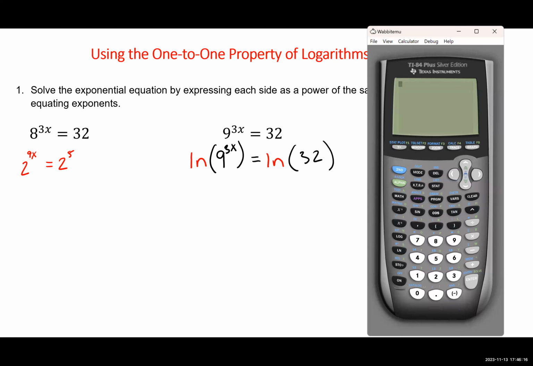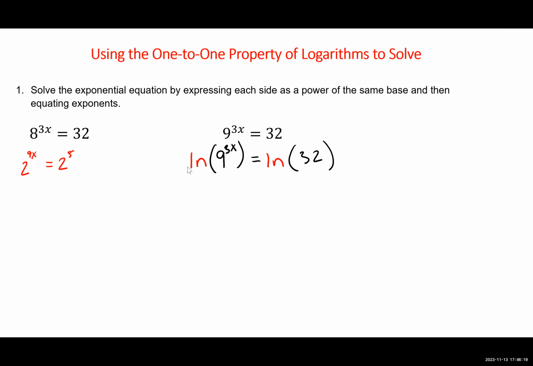So my general rule of thumb is I always use the natural log if I'm going to apply the log of both sides of an equation, unless the equation has a power of 10 in it. Then I'll use the common log. Okay, why am I doing this? Why am I taking this original equation, 9 to the 3x is equal to 32, and why am I taking the log of both sides of the equation?